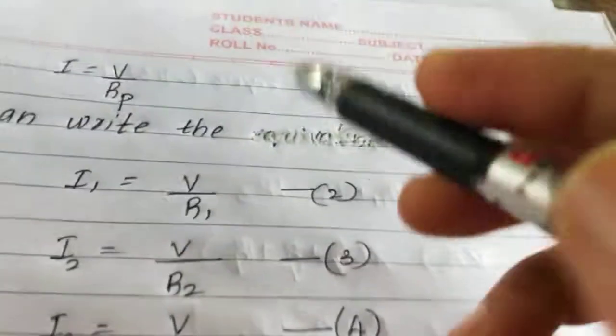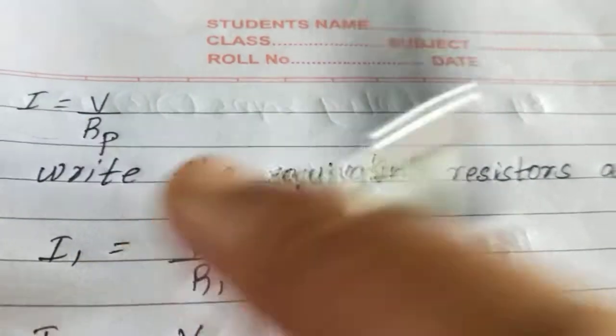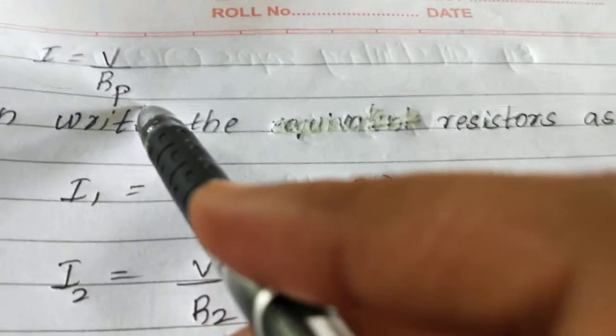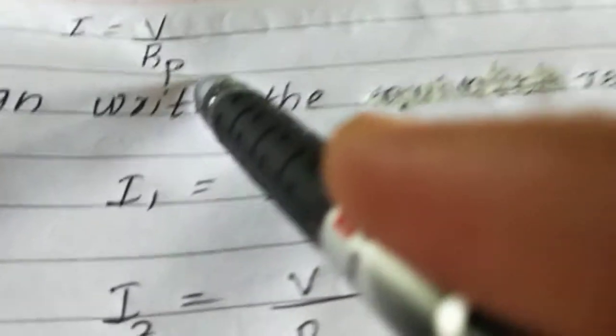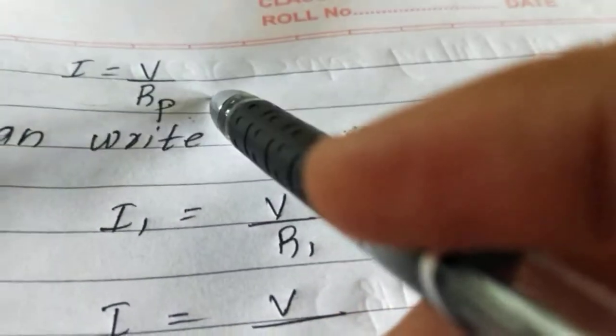Now we want the current. So when we rearrange Ohm's law, V is equal to I into R, we get I is equal to V by Rp, where Rp is the equivalent resistance of the resistors arranged in parallel.